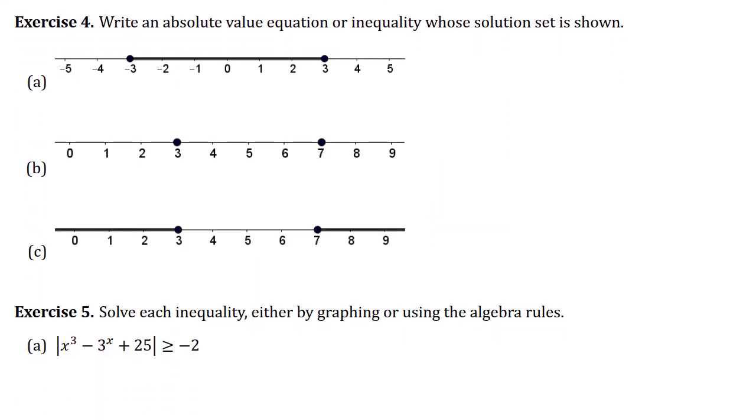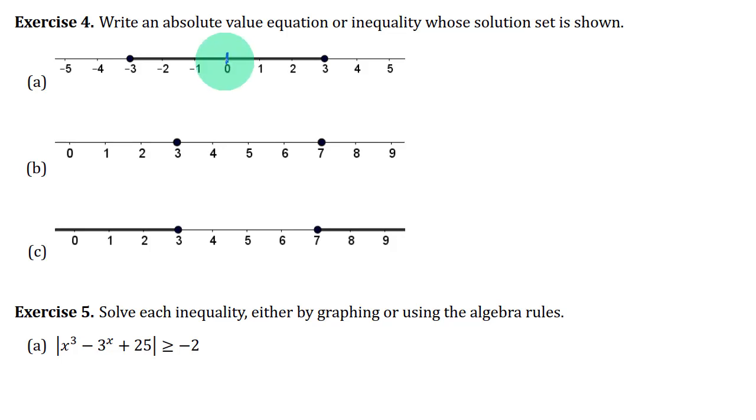Let's look at exercise 4. If you want to write an absolute value equation or inequality whose solution set is shown. Let's see. Okay, so to think of this as absolute value, you have to think of all these points that we're talking about here as points that are less than some distance away, and you got to find the middle of it. So right here, the middle between negative 3 and 3 is 0.